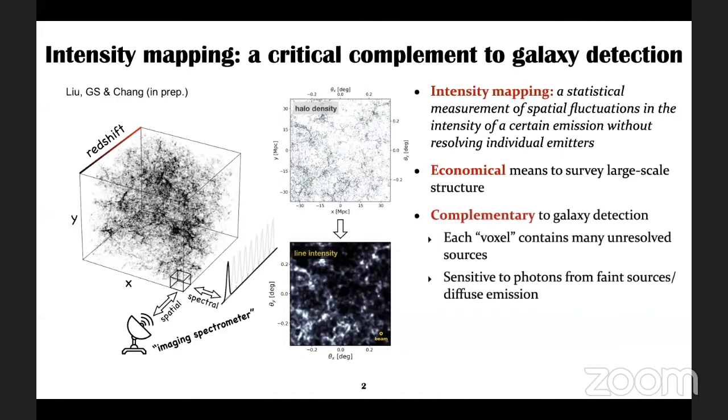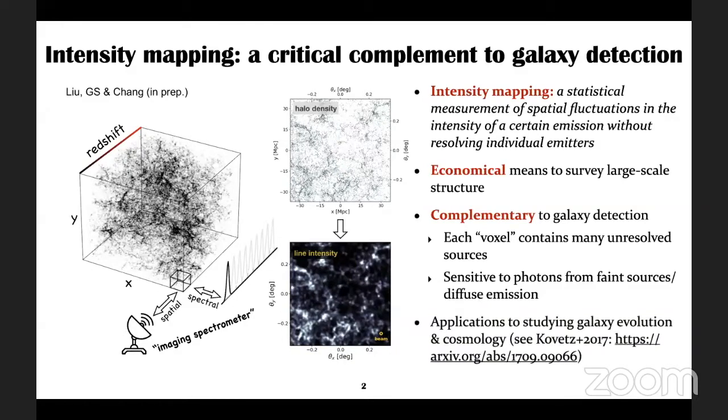More importantly, intensity mapping is complementary to galaxy detection in the sense that instead of probing just the bright emitters, photons from even the faintest galaxies or diffuse emission can be captured. You are welcome to check out this review article by Kovetz et al. for further details about the intensity mapping technique.